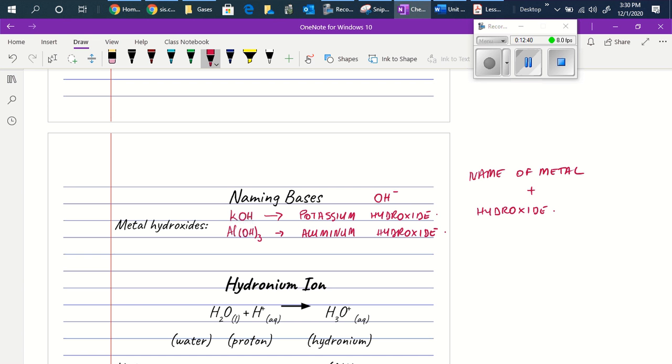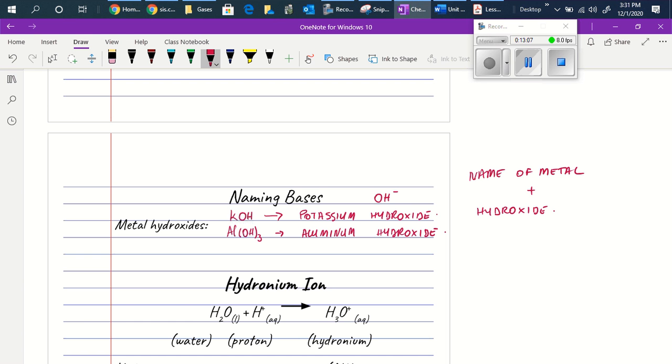If it is a polyatomic ion and the name of the acid ends with IC, then the name of the polyatomic ion will end with ATE. And vice versa, if the name of the acid ends with OUS, then the name of the anion, the polyatomic, will end with ITE.